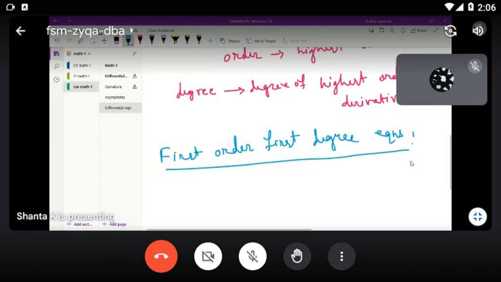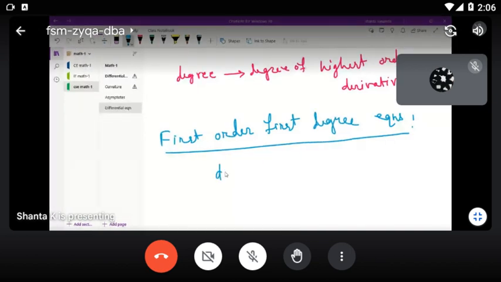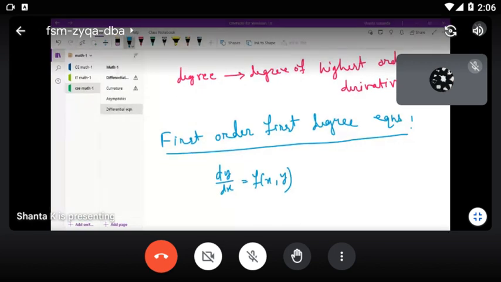First order first degree equation means we will have only dy by dx, and this will look like dy by dx equals f(x, y). And we will look at different methods to solve this one.